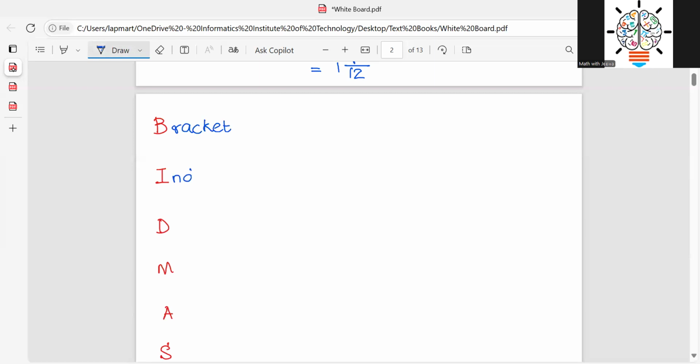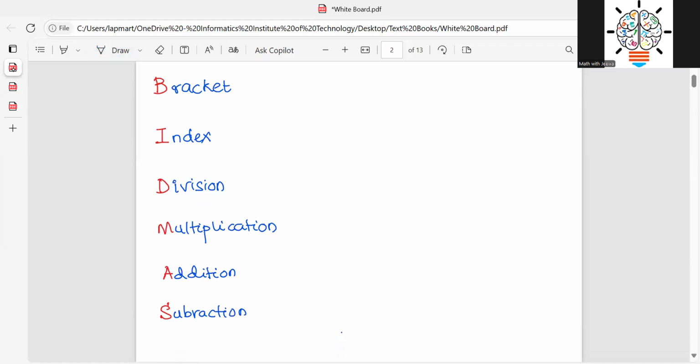So this is index, and this is division, this is multiplication, and this is addition, and this is subtraction. Children, when you have a sum with all these operations, you want to give the priority according to this order.